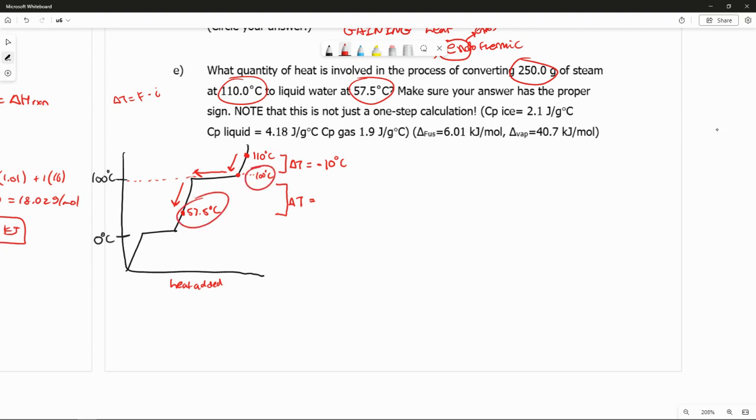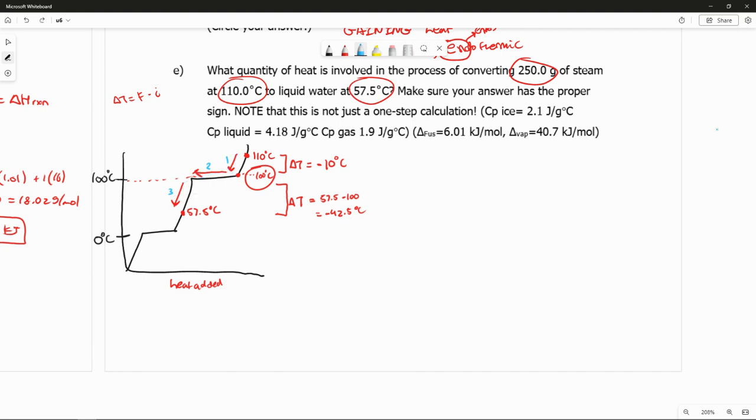So 57.5 minus 100 will give you your delta T of negative 42.5 degrees Celsius. All right, so let's do this one as the first step, this one as our second step, and this one as our third step, because we're moving down in that order.